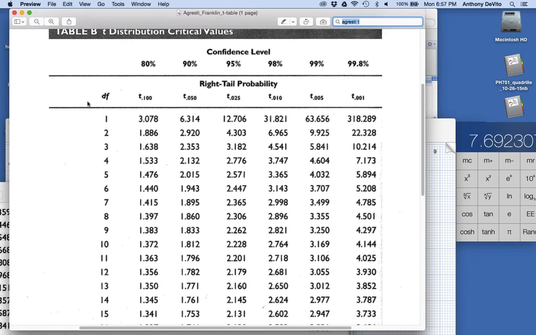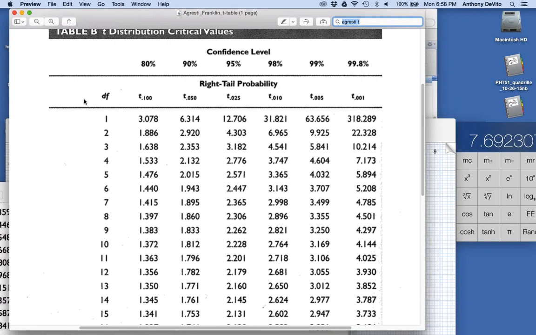So now you'll notice that it doesn't say sample size here. It says degrees of freedom in here. Remember we discussed when we were calculating the variance, we said that we divided the sum of squares by n minus 1 instead of n, and we call that the degrees of freedom. One of the ways you can look at that is, let's say you take a sample of size 1. You only got one number, so no degrees of freedom.